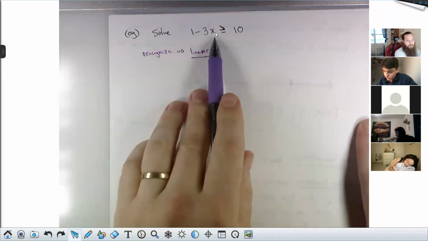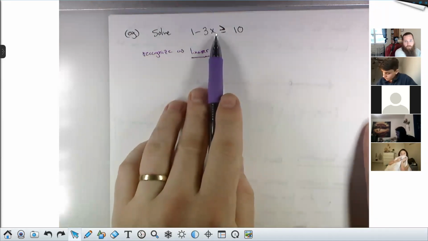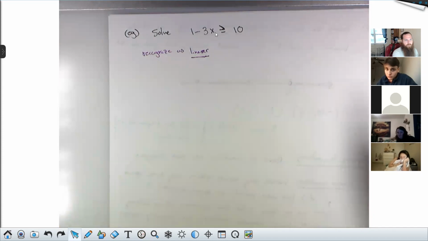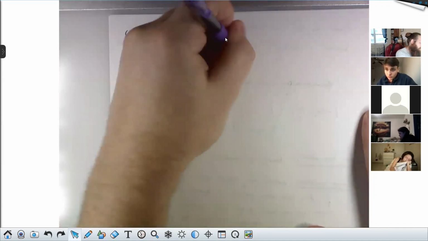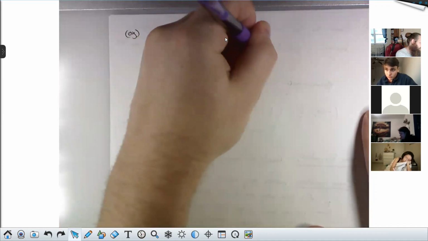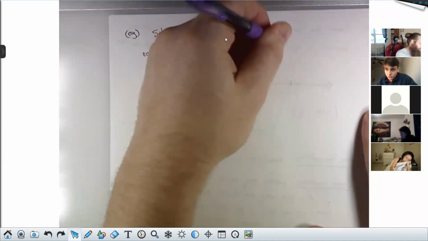Why? Because the variable isn't raised to any weird powers. It's not showing up downstairs in any fractions. It's not under any radicals. So this is a linear inequality, which means we can solve it like an equation, by isolating x.